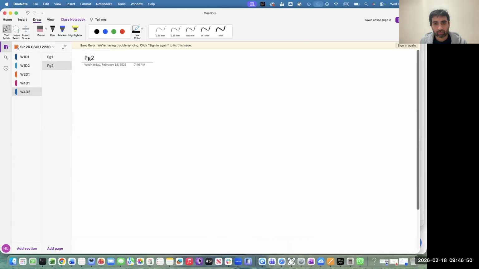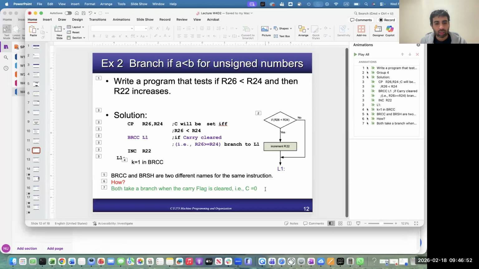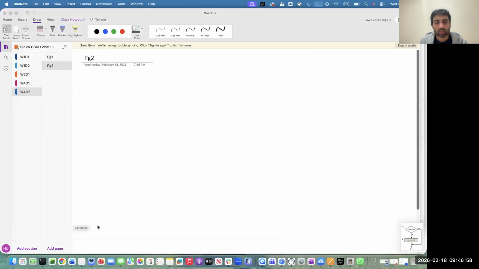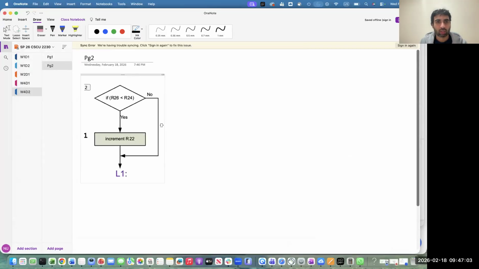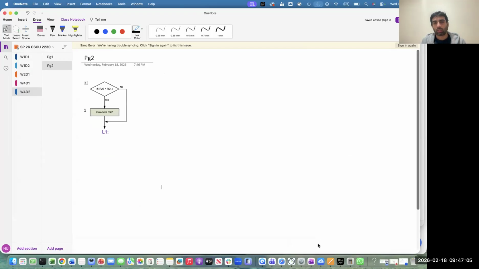So let me first simply copy this figure from here to OneNote, right? And ignore the one and two, that's just bad cropping of the figure. Okay.